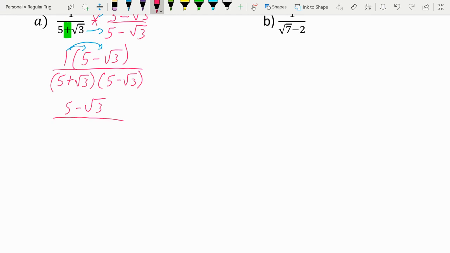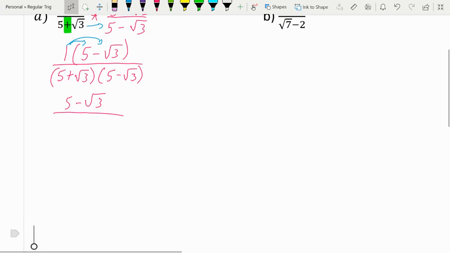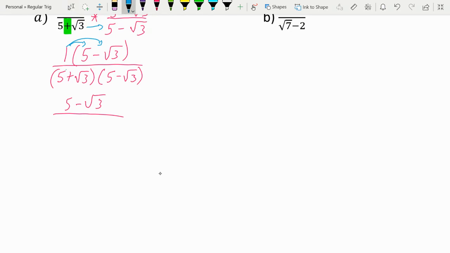over. Now, when you're distributing here, you're just doing FOIL, double distributive property, whatever you want to call it. That's all you're doing. So I'm going to do 5 times 5, which gives me 25.